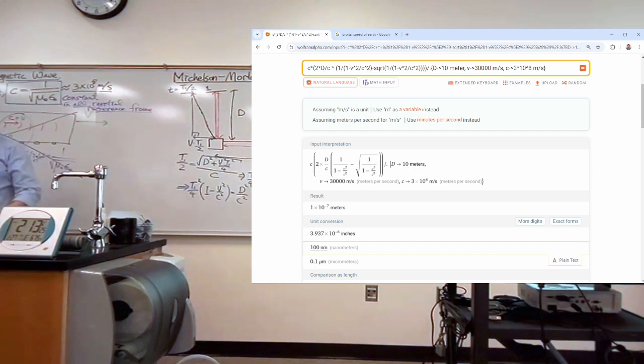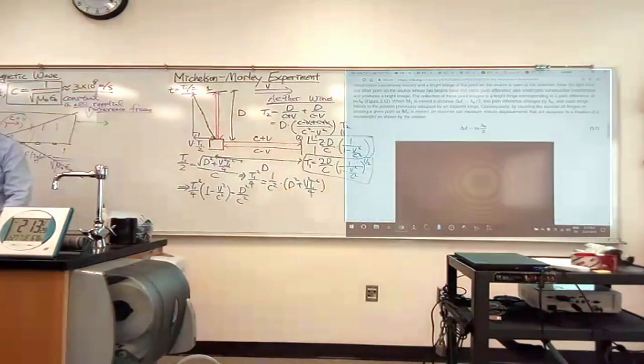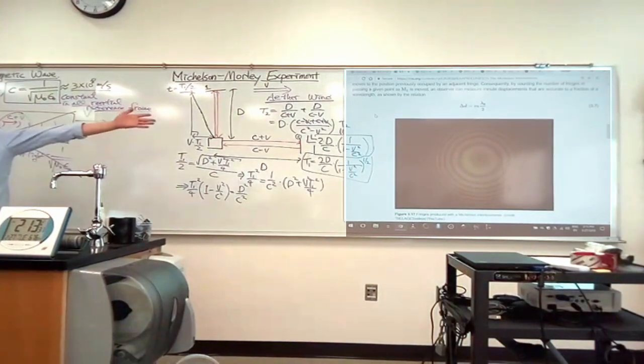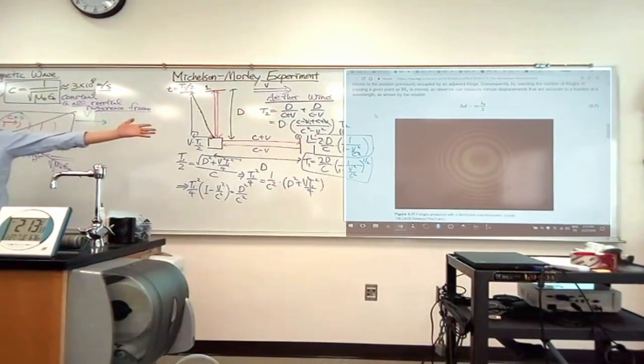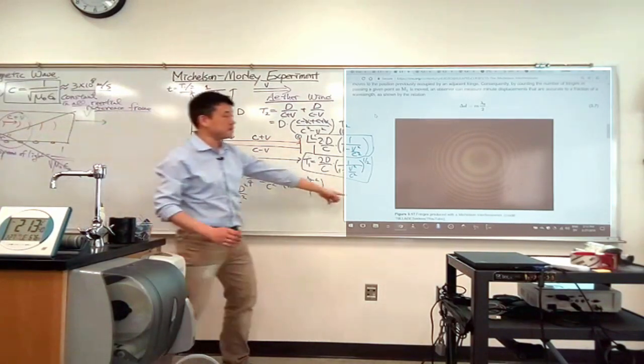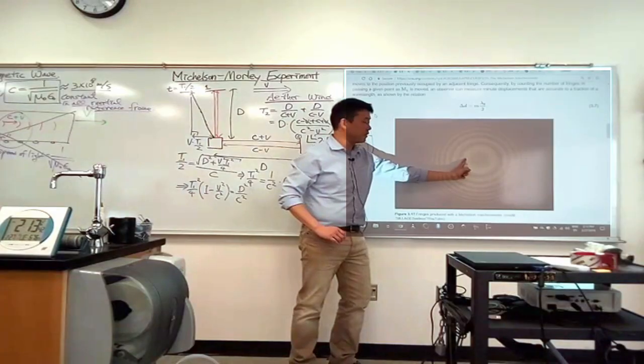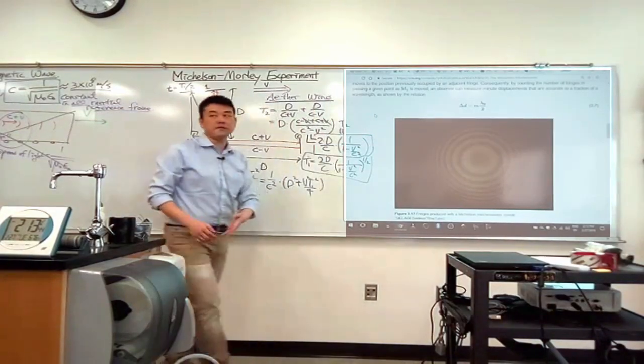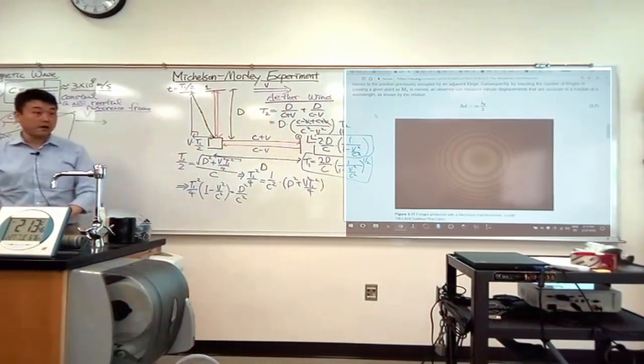But this is what I want you to imagine. If you had this interference pattern, and if this pattern shifted by a fifth of a whole cycle, would you be able to see that with careful observation? Yeah, you would be able to see this edge moving out a little bit, right? There's a lot of careful experimental work to be done.